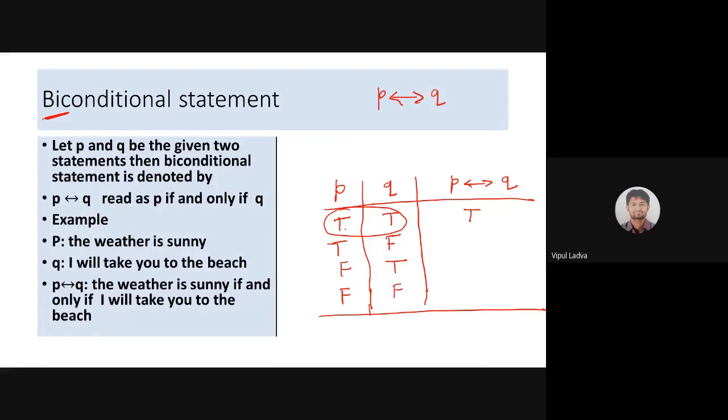Then the weather is sunny if and only if I'm going to take you towards the beach. It will be true, okay. What will happen in the second? Yes, sir. The weather is sunny and I'm not taking you to the beach, then as per you it will be false.